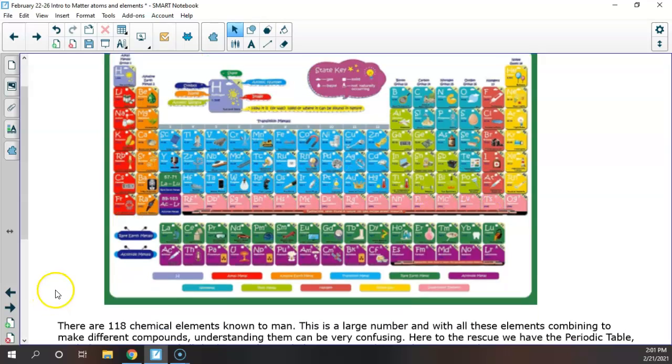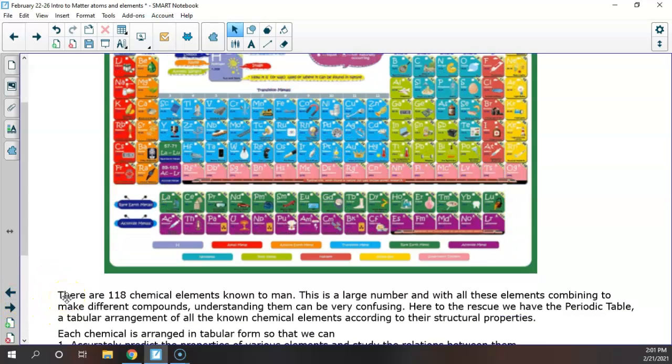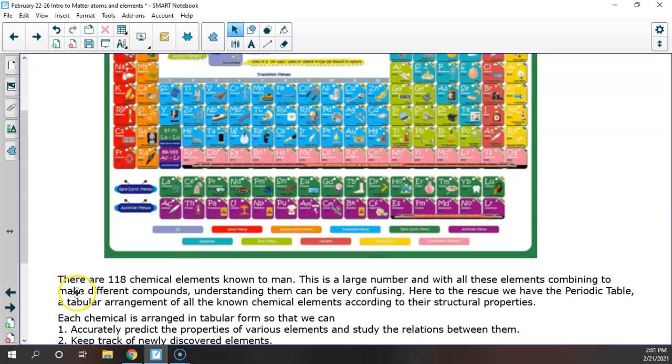There are 118 chemical elements known to man and woman. This is a very large number, and with all these elements combining to make different compounds, understanding them can be confusing. Here to the rescue, we have the periodic table, a tabular arrangement of all the known chemical elements according to their structural properties.